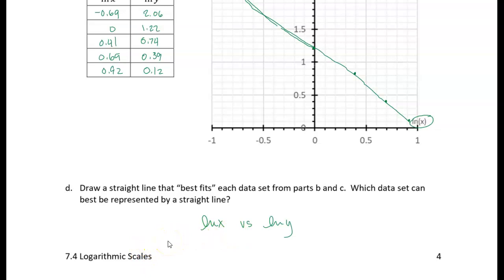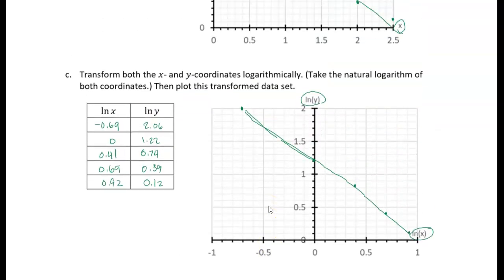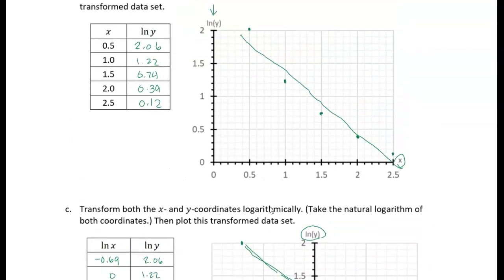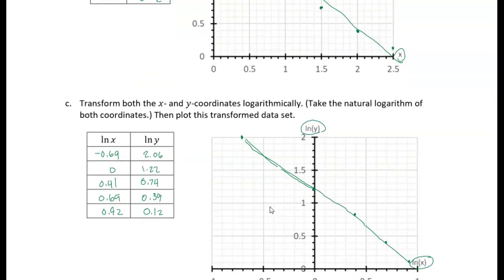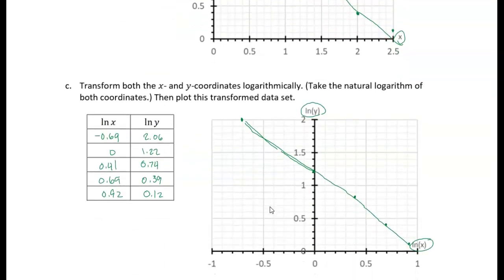All right, so now we know how to determine the formula of a straight line if we just have 2 points. So that's what we're going to do next. We're going to take whichever one of these graphs gives us the best fit to a line, and take 2 points from that line and come up with an equation for a line.